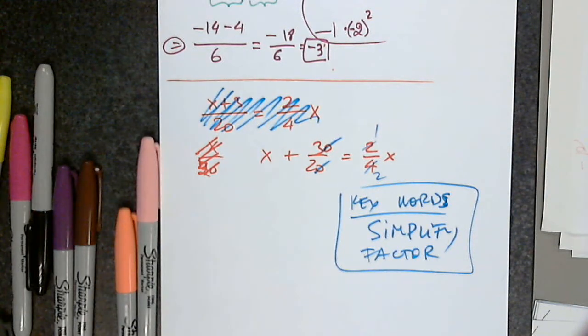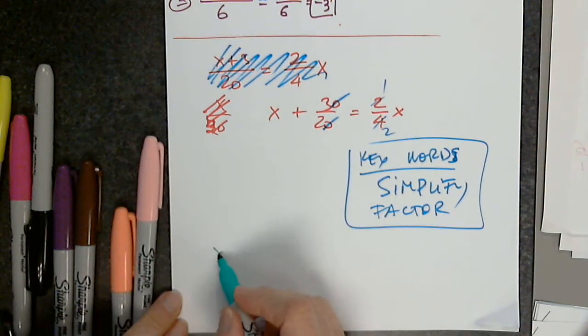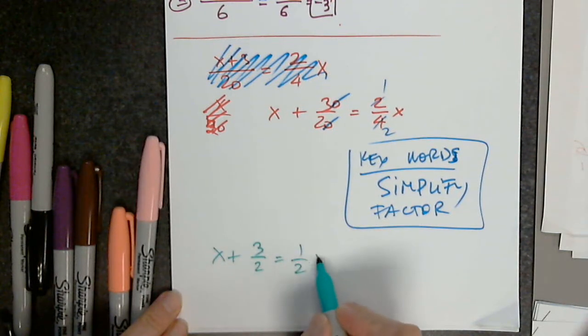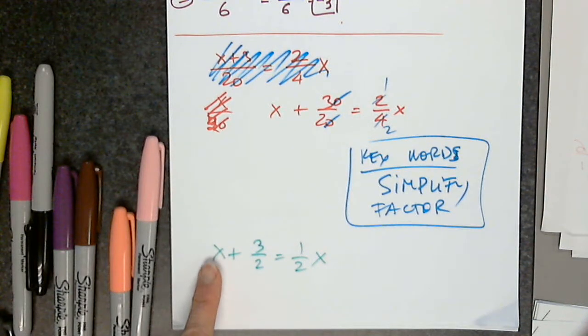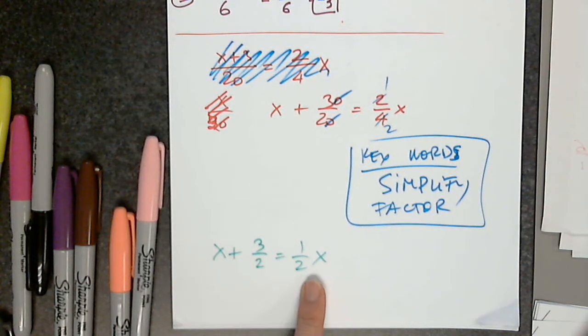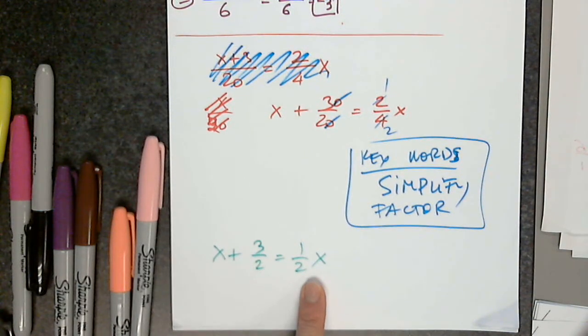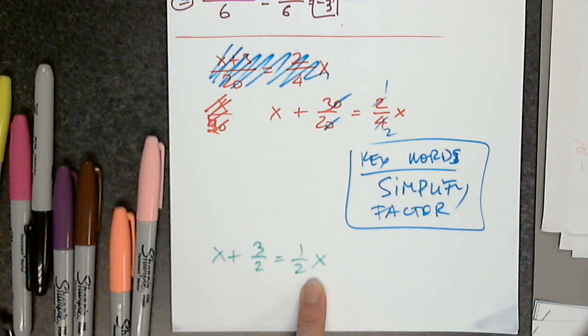Okay? Good. So then I have x plus 3 over 2 equals 1 over 2x. Can anyone tell us what is the coefficient of x here? Careful. The coefficient. I'm not asking about the reciprocal yet.